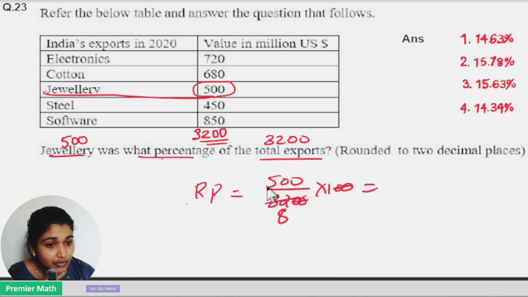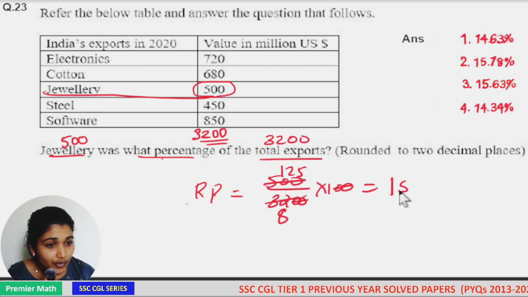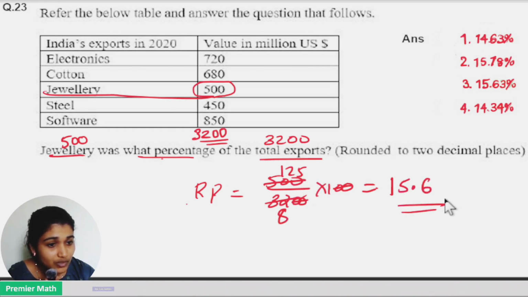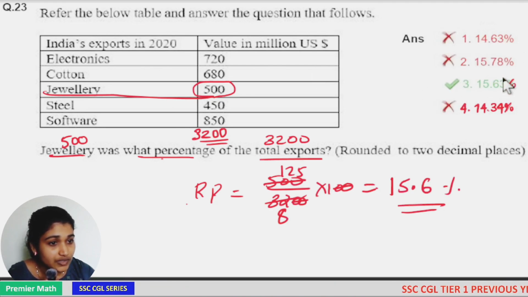Then 25 into 5 is equal to 125. So 125 by 8 means 8 goes 1 time in 12 and 5 times in 40, remaining 5. So 50 by 8 means 8 goes 6 times in 48. So 15.6%, option 3 is your answer. 500 is 15.63% of 3200.